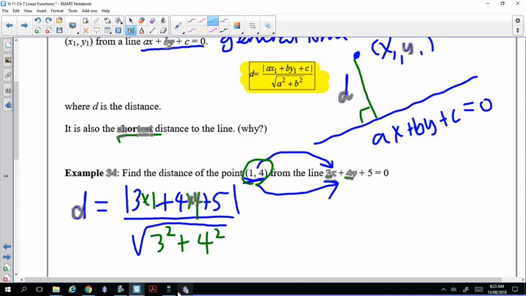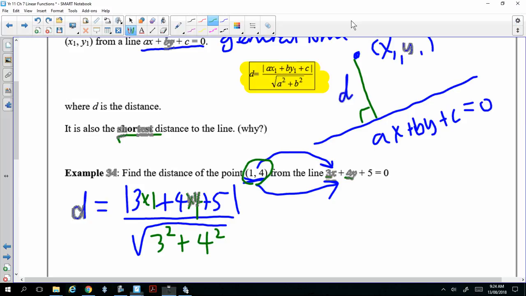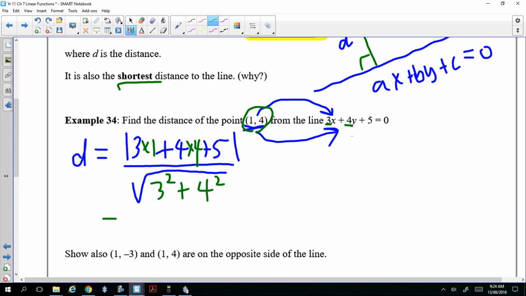Do you know there's an absolute value button? 3 times 1 plus 4 times... All right, good. 24. Gives the answer, right? It's good. All right, that's the distance. Or in other words, that will be equal to 4.8. So the distance of that point to the line is exactly 4.8 units.